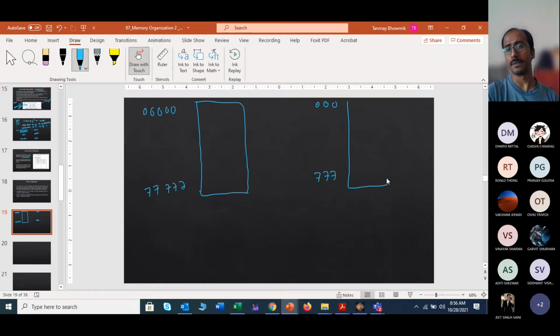So you have to separate your tag and index based on this cache memory setup. You can write cache here and main here. As your cache varies from 000 to 777, 3 digits you also have to keep for your main memory index part. So this part you will keep as your index.